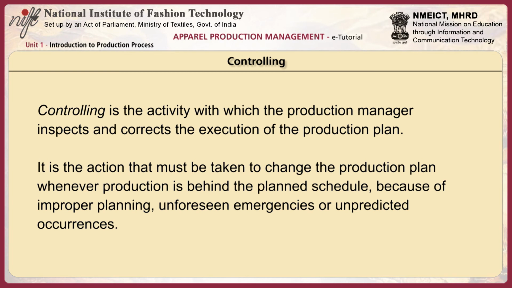It is the action that must be taken to change the production plan whenever production is behind the planned schedule because of improper planning, unforeseen emergencies, or unpredicted occurrences. As customer bases grow, there are more and more style variations within the product.